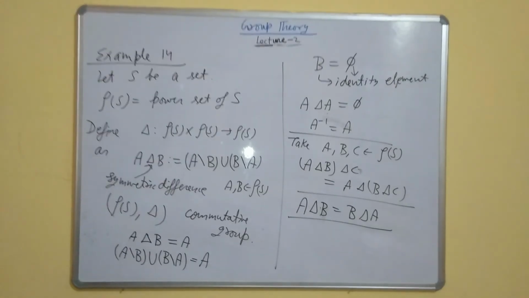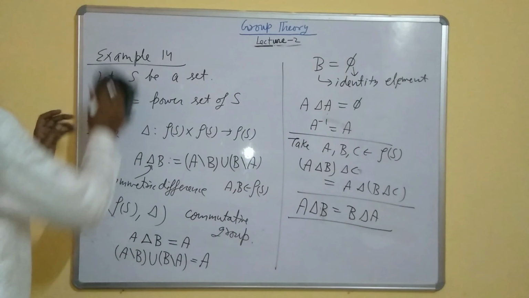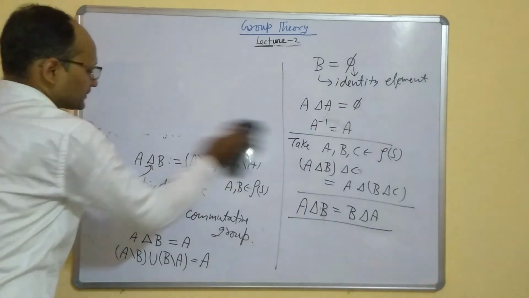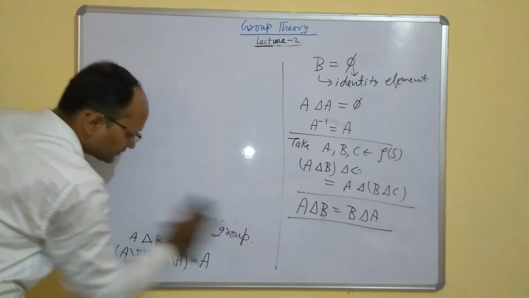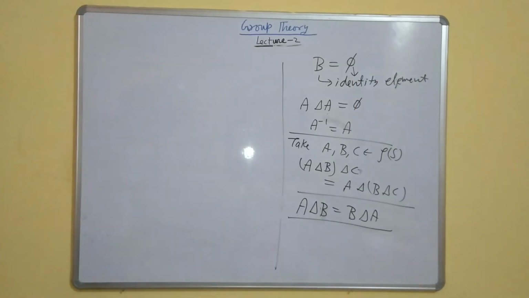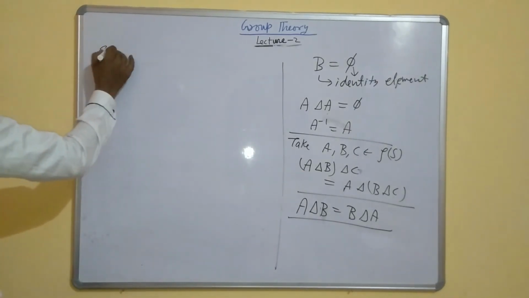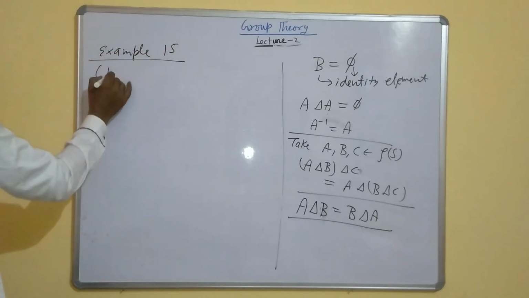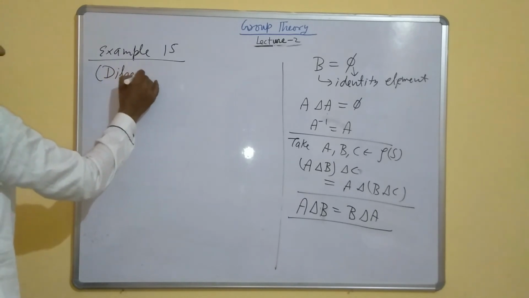Now next example, example number 15. Example number 15, the example is dihedral group.